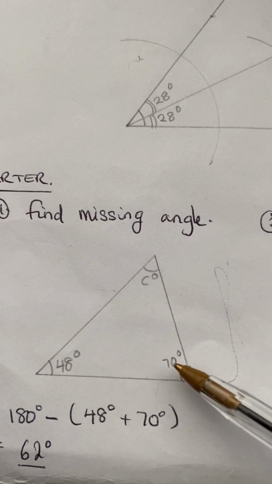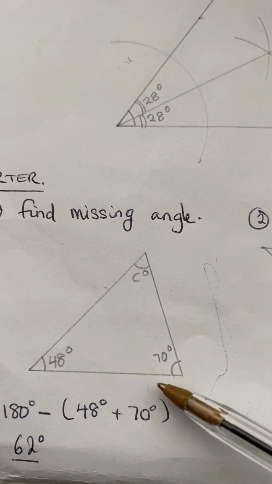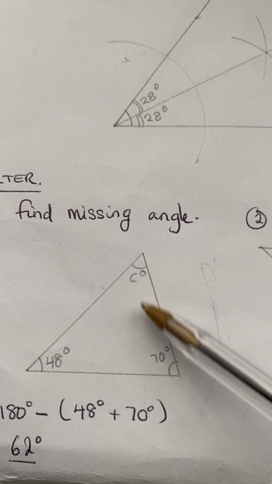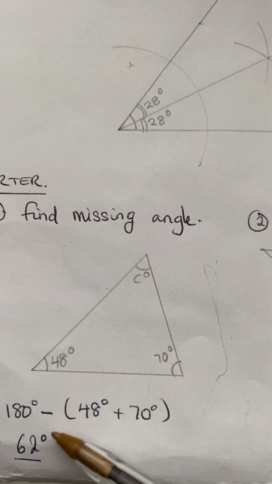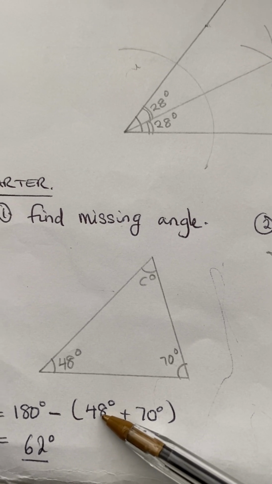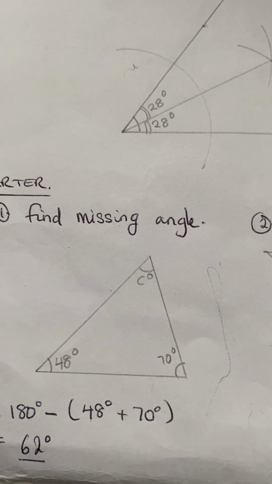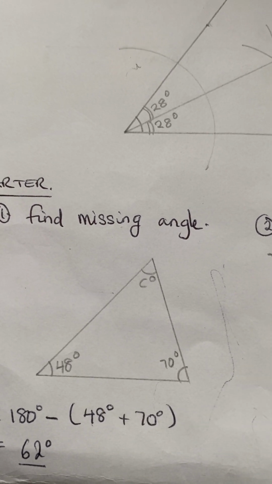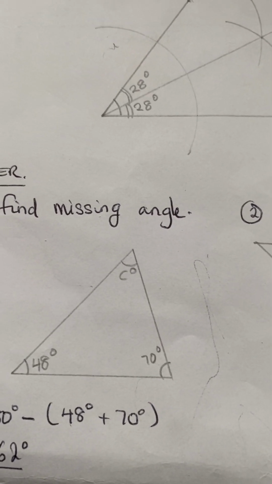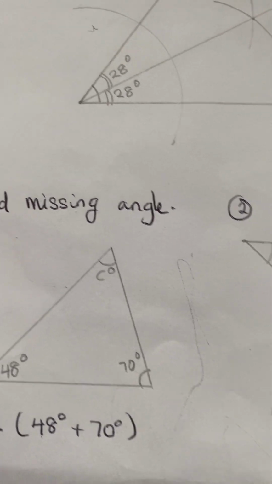Whatever is left, you take 70 out of it. 70 is like in tens, so I will start first and take 70 from 180, which will give me 110, and then 110 from 48, that will give me 62. You can easily do some of this for the 1 mark here and there.